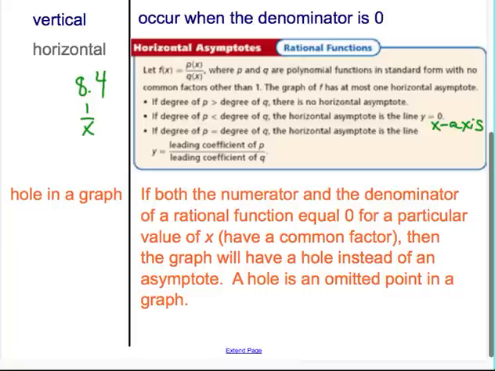So we'll see what that looks like a little bit later. And then finally, graphs can also have a hole in them if both the numerator and the denominator equal 0. So if they do have a common factor, then there will be a hole in the graph as opposed to an asymptote. And it's simply a spot that the graph jumps over.